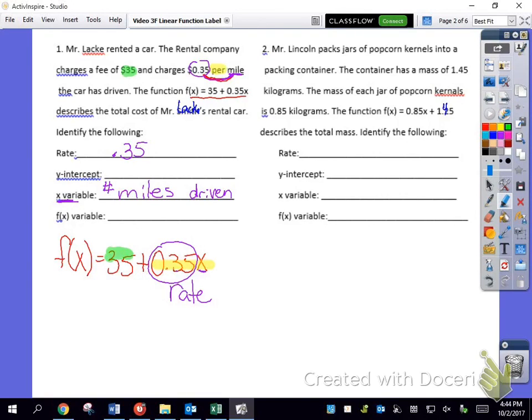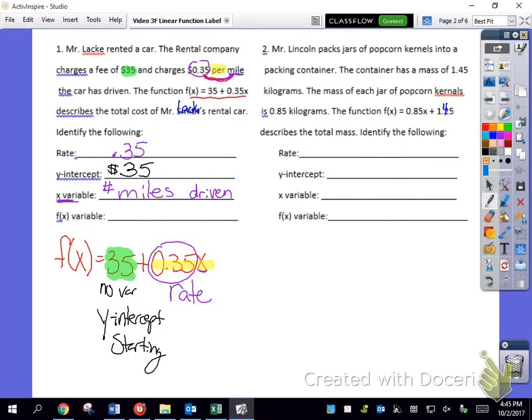So you see, this 35 doesn't have a variable, okay? This 35, there's no variable. So that tells me that is my y-intercept. If there's no variable, it is my y-intercept. That is my starting value. That means just to go in and get a rental car, I'm going to have to make a deposit of $35. So my y-intercept is $35.